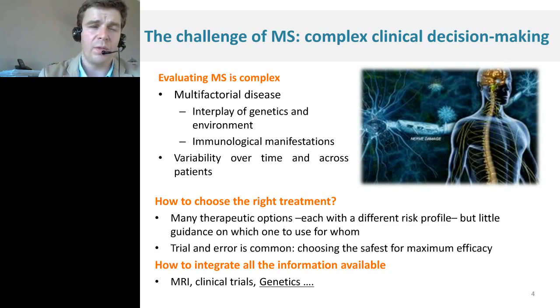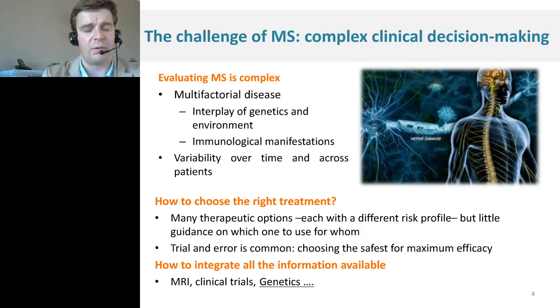So one difficulty that is more and more important in MS is really choosing the right treatment. A few years ago, there were not so many treatments to think about. And now we really have many different therapeutic options.